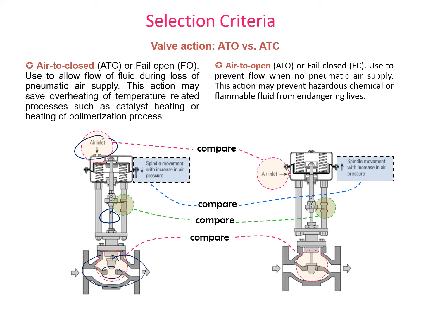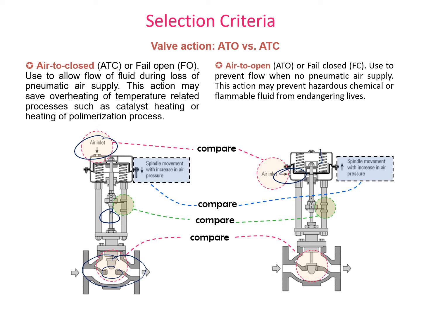Comparing with the air to open or fail close valve, we can see the air inlet is at the lower chamber, in here. For this valve to operate, we need to supply the air, and that air will push the spring up.